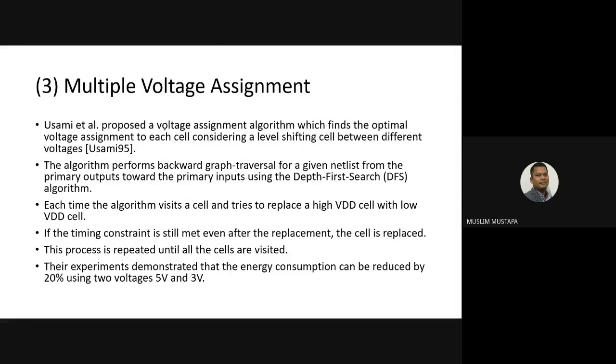All right, there are a lot of methods and techniques that have been proposed on multiple voltage assignment. USAMI is from another group of researchers. They propose a voltage assignment algorithm which finds the optimal voltage assignment for each cell, considering level shifting cells between different voltages.